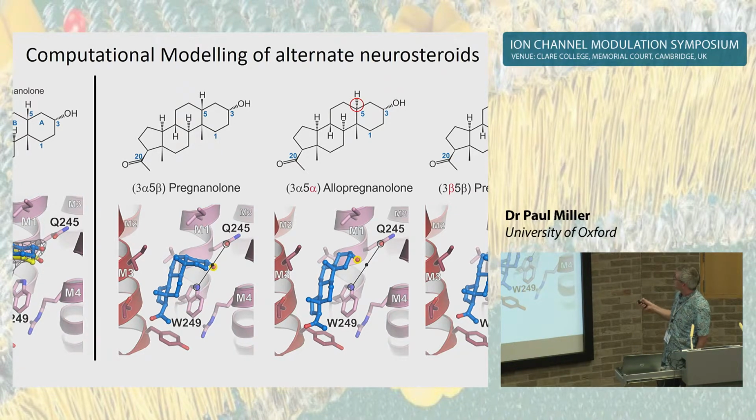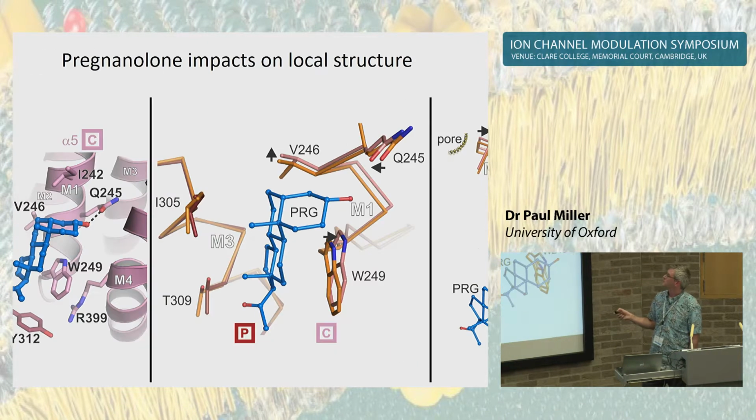And we can see that obviously this will sort of hinder this kind of equidistant positioning of the C3. So this raises the possibility, at least, that the positioning of this C3 between these 2 residues is a significant contributing factor to whether the neurosteroid will potentiate or not.